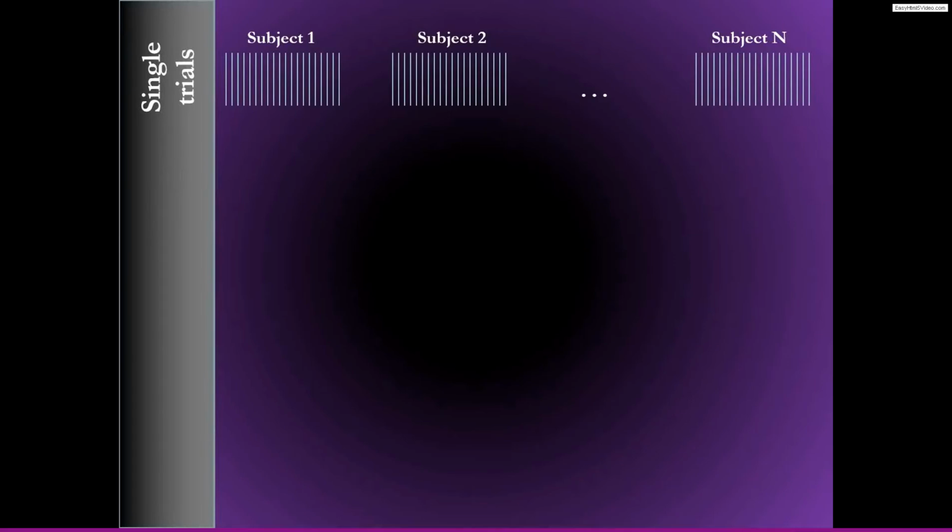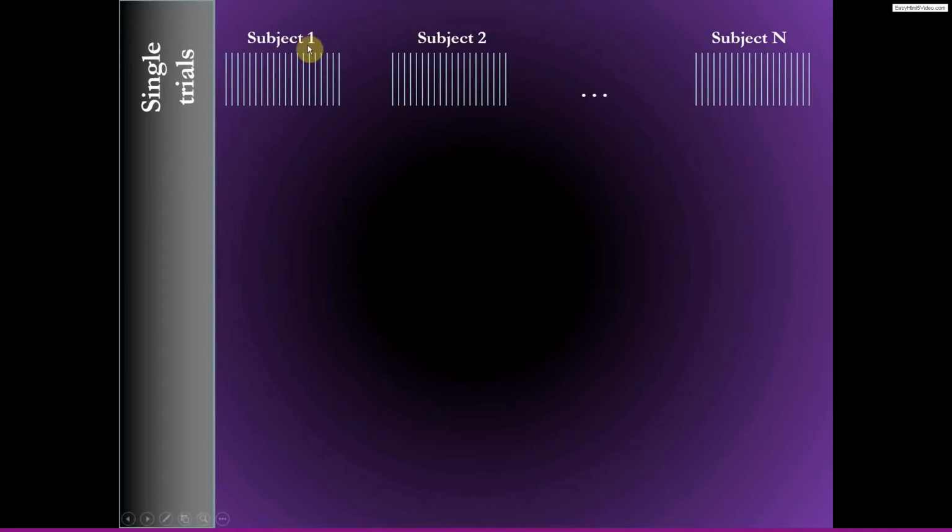I hope that's clear. In case that's not clear enough, here's a graphical representation of the distinction between performing statistics at the level 1 analysis, or within subjects, versus level 2, which would be group level analyses.